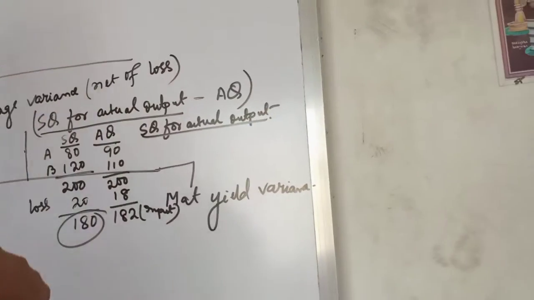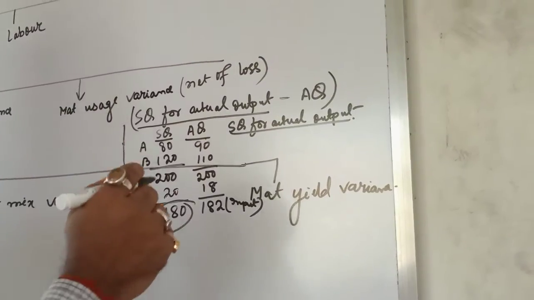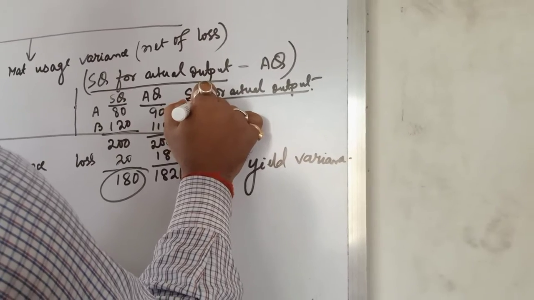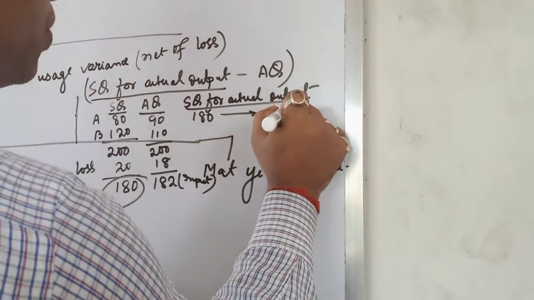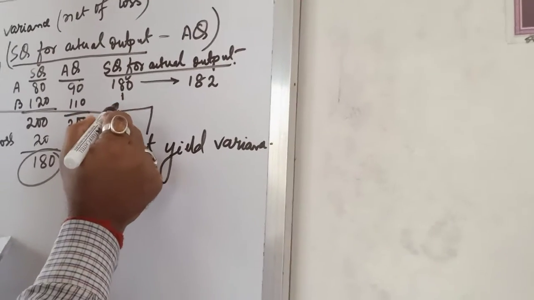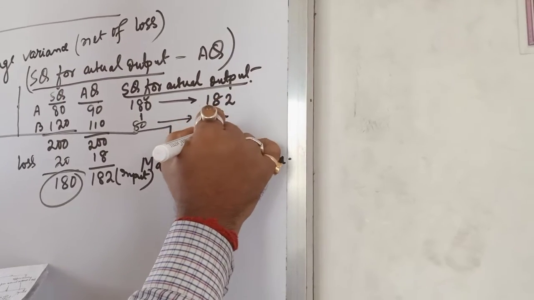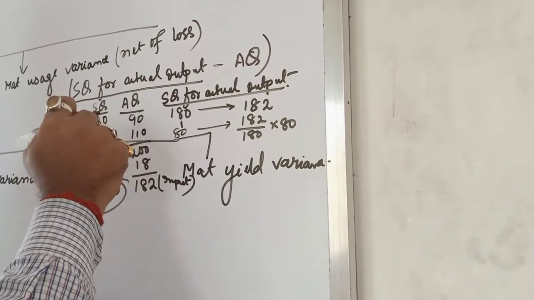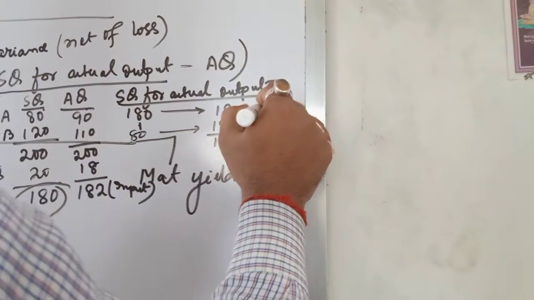For material A, the standard is 180, the actual is 182, so for 1 it is 182 divided by 180, and for 80 it is 182 divided by 180 into 80. That is how we make the standard quantity for actual production.